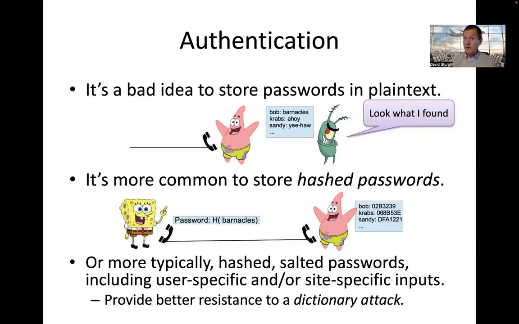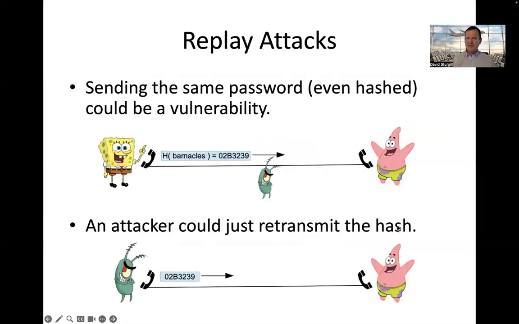And it makes it harder to do a dictionary attack, to compute the hash of a bunch of common passwords and then check to see if anyone's using those passwords. So often you'll store a hash that has some other information mixed in. People usually call that a salted password.